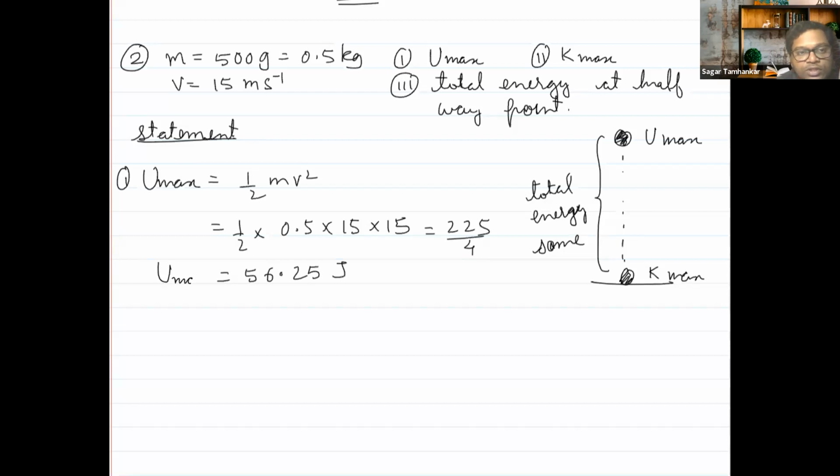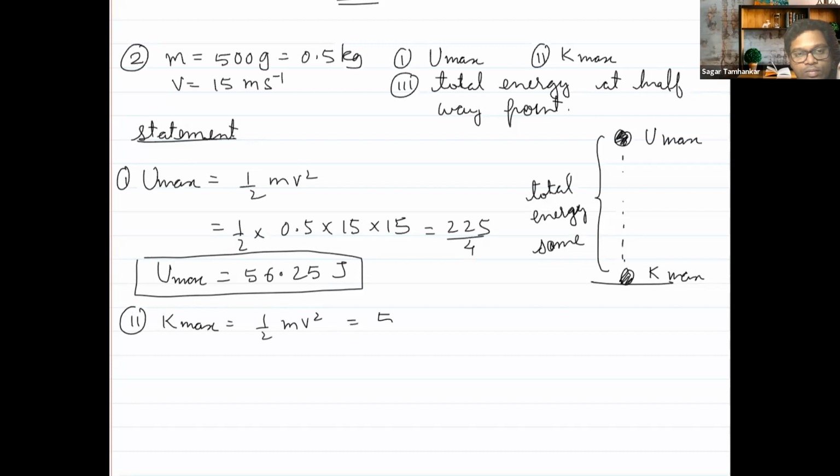This is potential energy maximum. Kinetic energy maximum is also half mv square, that is 56.25 joules.